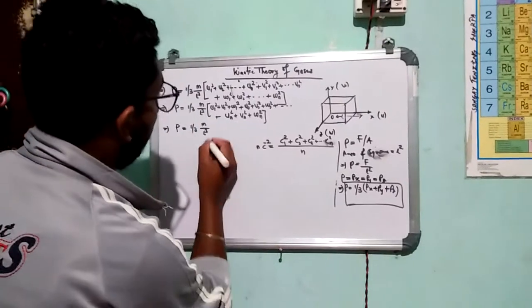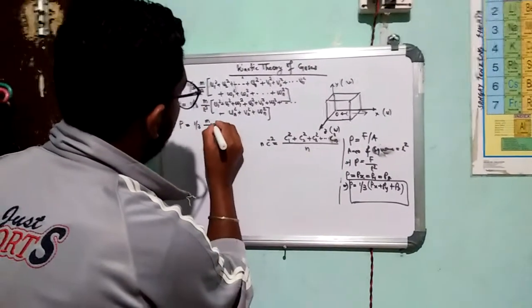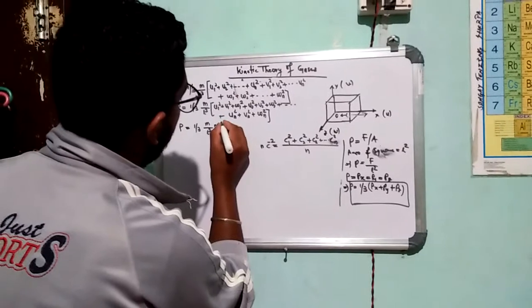That could be written as n c bar square.